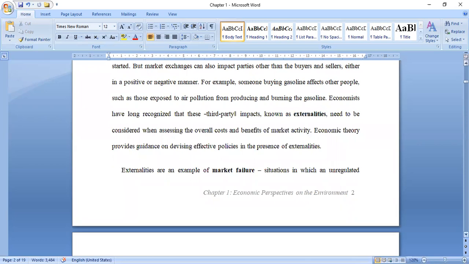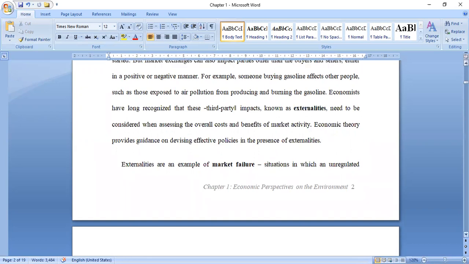What is an externality? What we have to know is that an externality is a market failure, and it can either be a cost or a benefit of a market transaction that is not reflected in the price of a commodity.